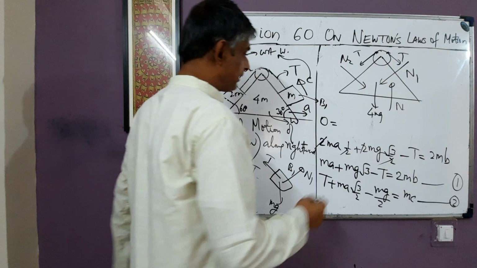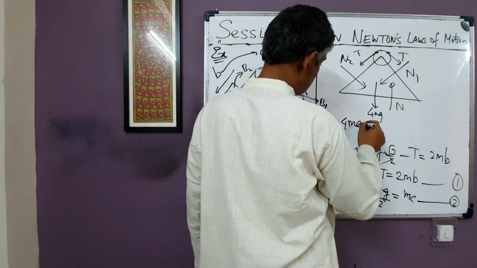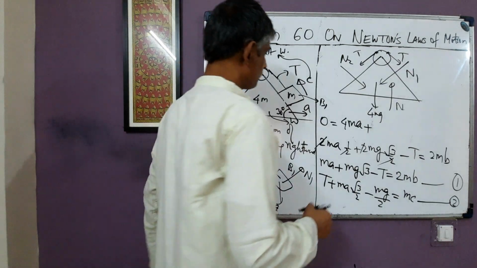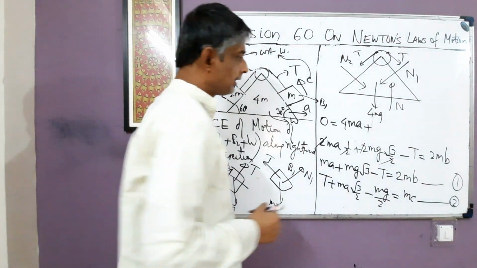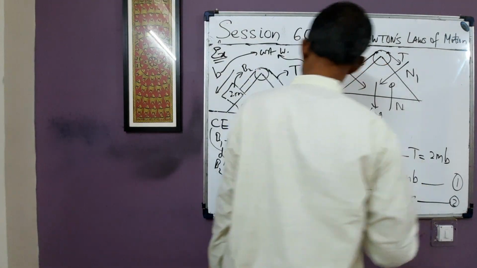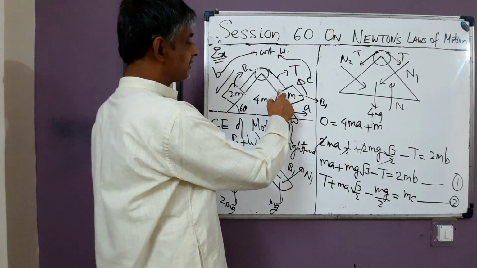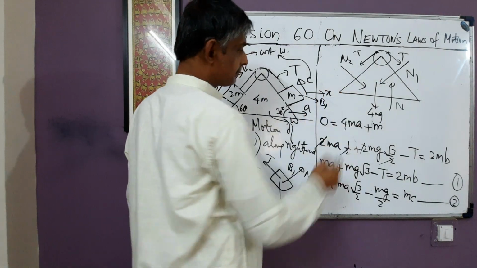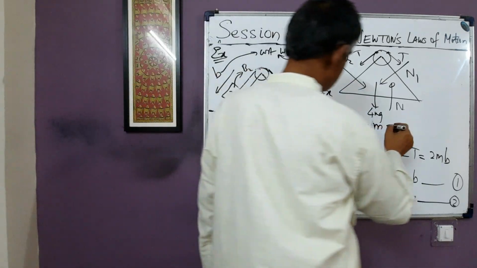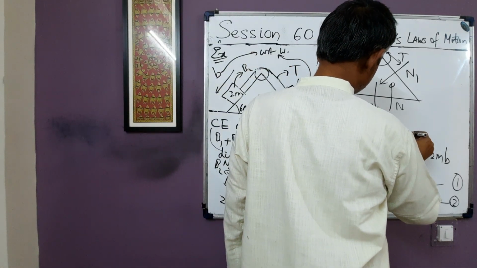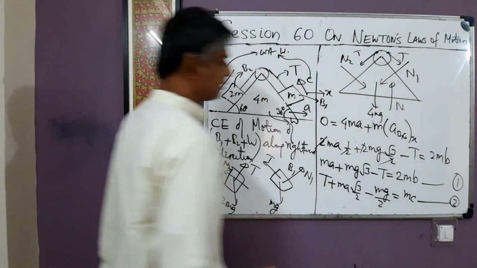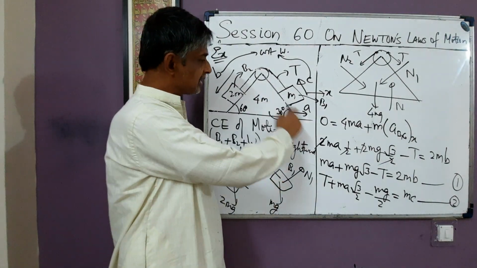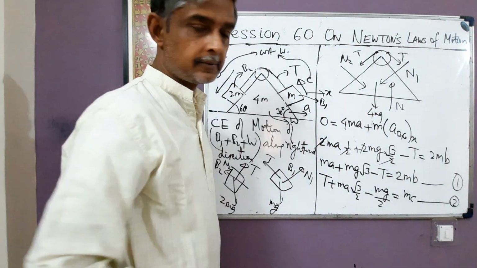First of all, wedge. What do you write for wedge? 4MA plus. Now what about block B1? What do you write regarding block B1? That will be M times acceleration of B1 with respect to ground in this direction. Let us call this direction the x direction. I write down the name of the term here: x component of acceleration of block B1 with respect to ground, A B1 gx.